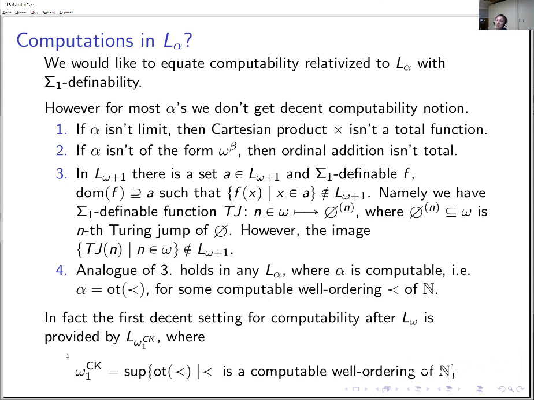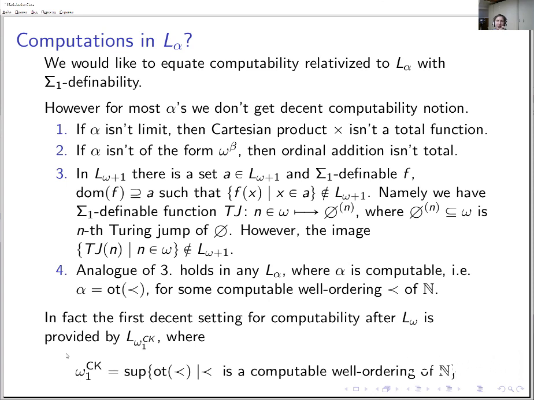Furthermore, if alpha is small enough, the arithmetic of ordinals would be a mess. For example, you need alpha to be at least omega to the beta for addition of ordinals to be total, and for exponentiation on ordinals to be total, you need your ordinal to be an epsilon number. But that's kind of a small thing.